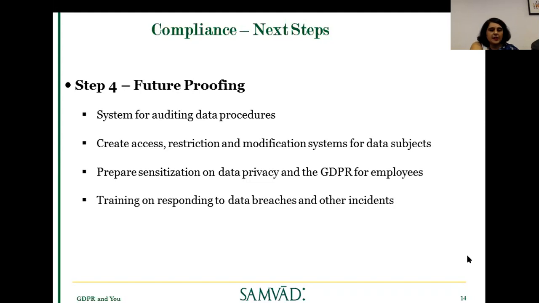So the GDPR specifically says that it is immaterial whether the data processing happens in the Union. All it says is that if you are processing the information of a European data subject, whether you are doing that in the EU or outside, the GDPR would apply. So I don't think you need to read this as saying that you need to open a data center in the EU to process that data.